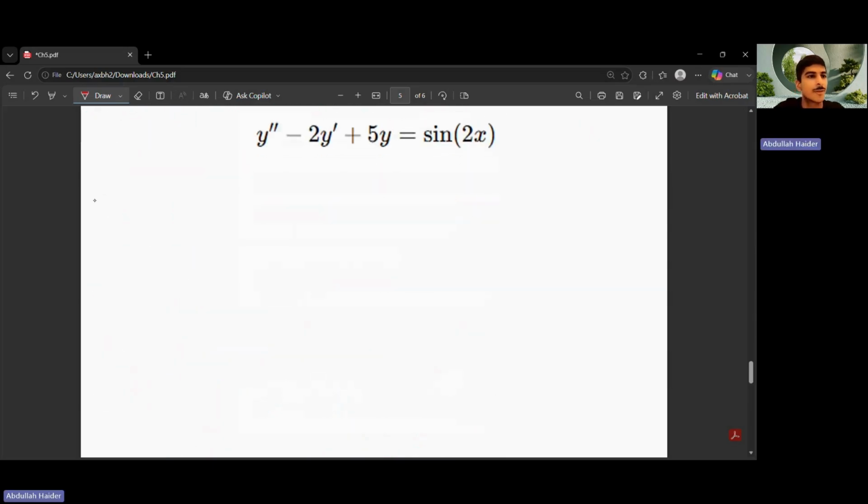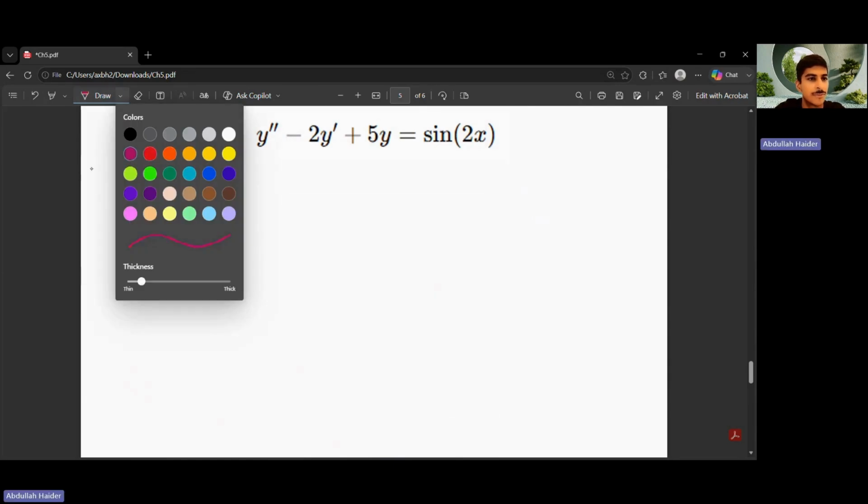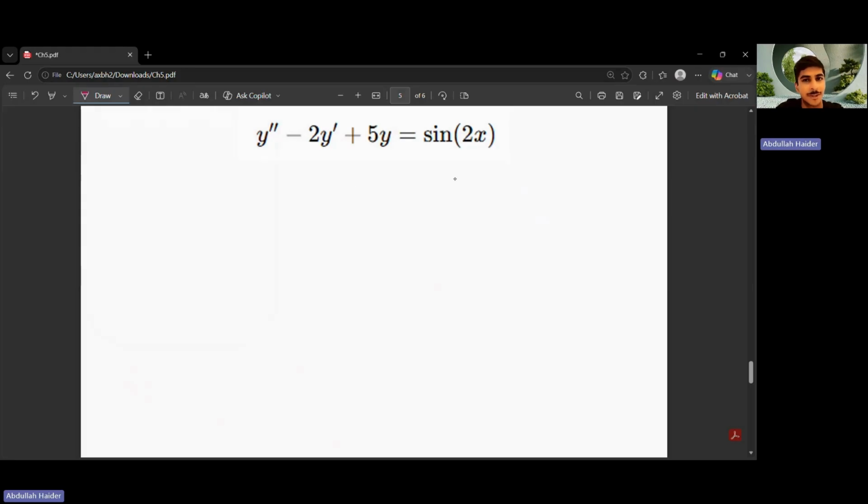Now this question. Here you will face a different scenario. So as I said before, y of x is equal to homogeneous solution plus particular solution.